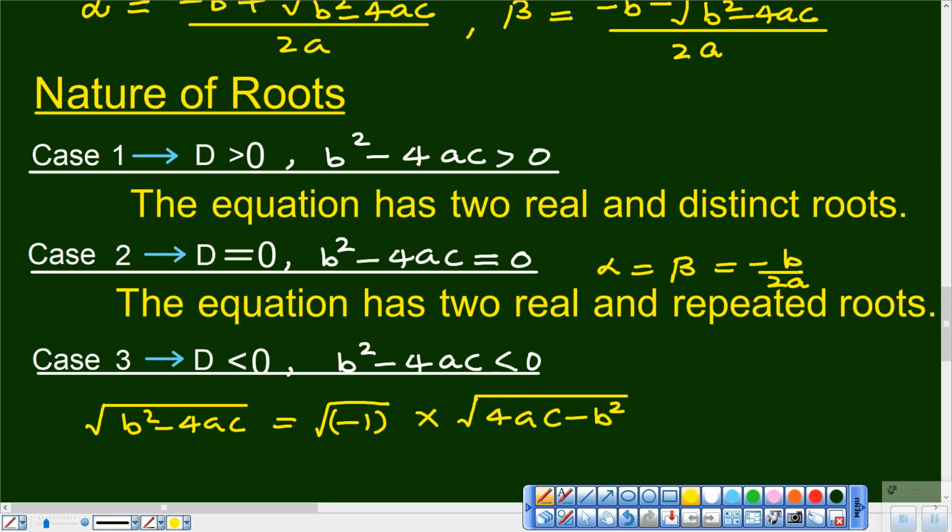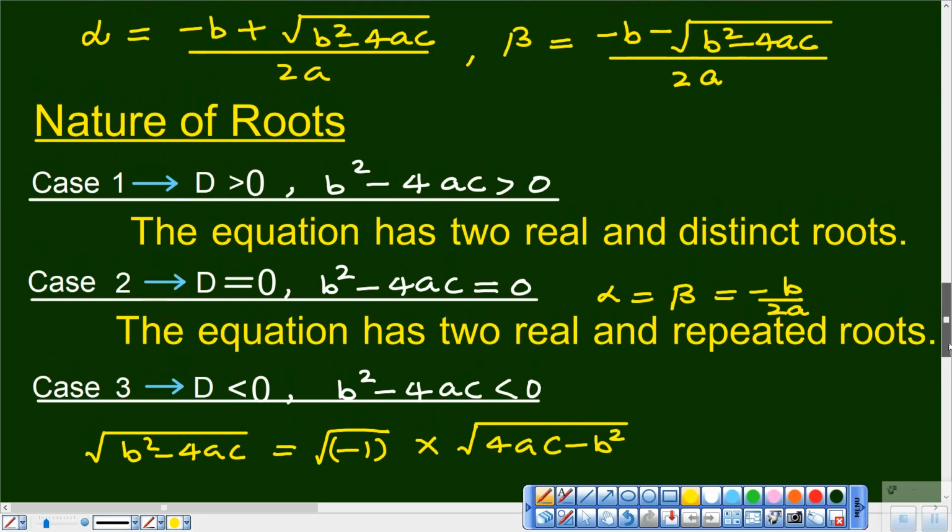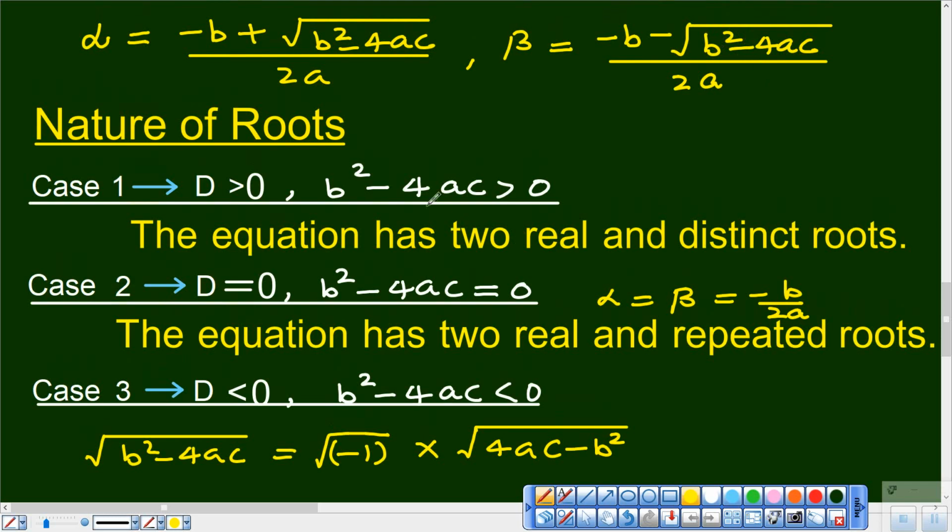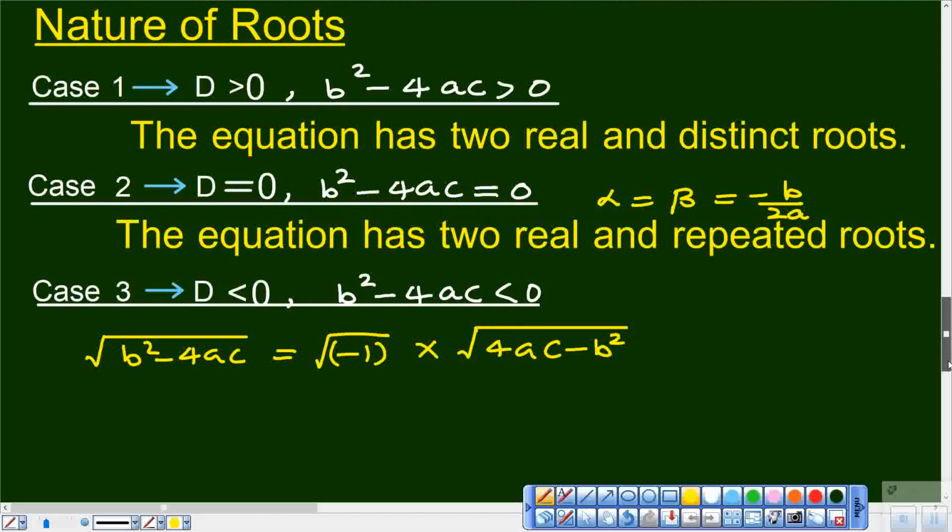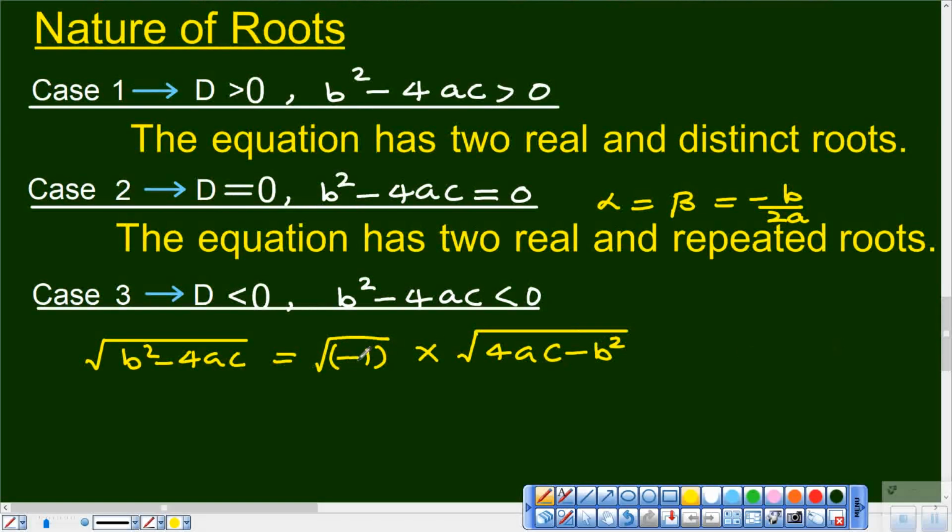I have taken this minus sign common from the discriminant. So if this quantity is negative, this quantity would be positive, because b square minus 4ac is less than 0. So 4ac minus b square would be greater than 0. This would be comfortably square rootable now. And you know that square root of minus 1 is i after all. That's why it can be written as i square root 4ac minus b square.